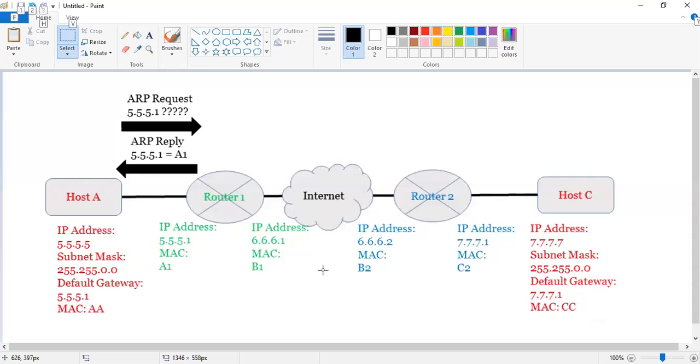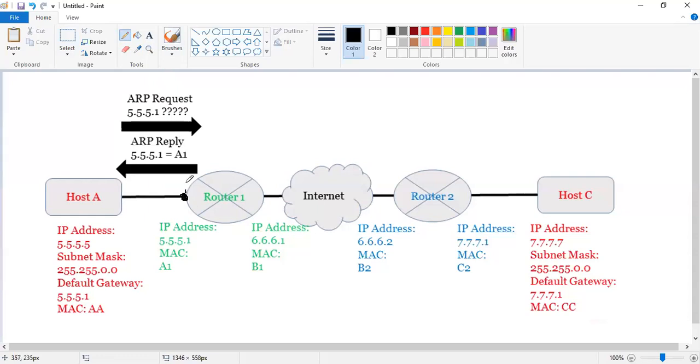As soon as I power on my machine, at any given point of time, it is something configured in my device that the default gateway is this particular port. All your incoming and outgoing traffic will be through this particular port.